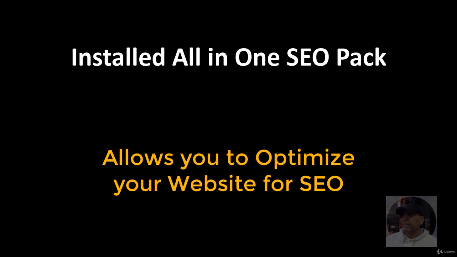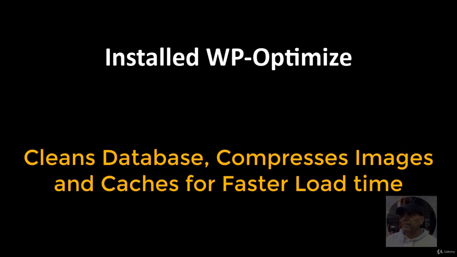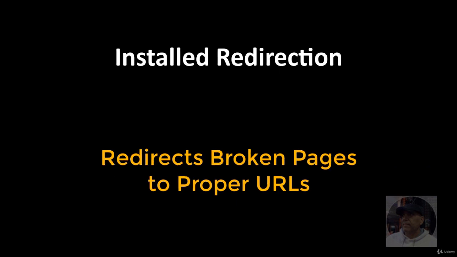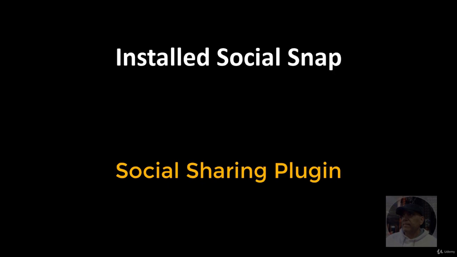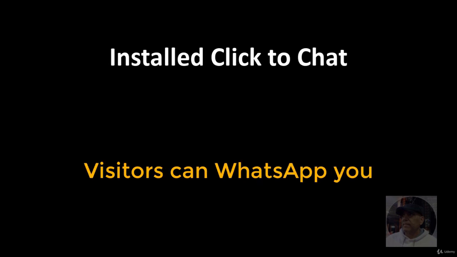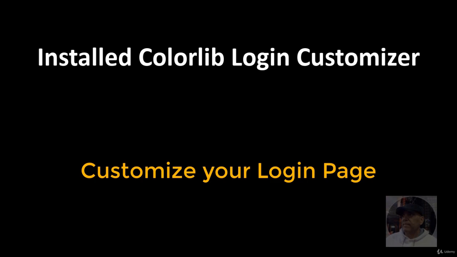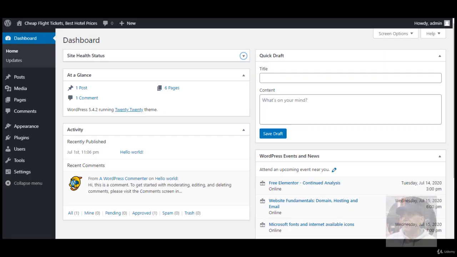Then we installed All in One SEO pack, WP-Optimize, redirection plugin, All-in-One WP Migration, Social Snap plugin, Click to Chat plugin, and the login customizer. I hope this was helpful enough. This is it for plugins, and I'll see you in the next video installing a new theme.